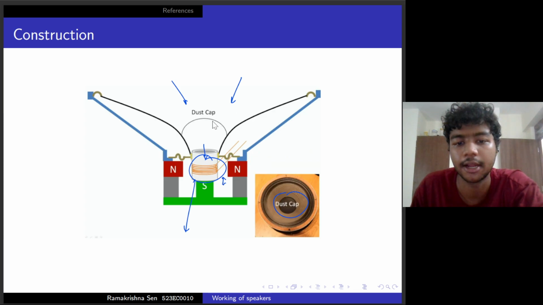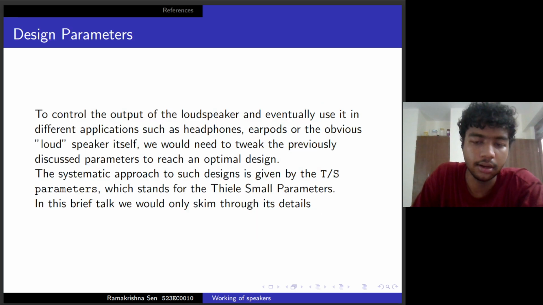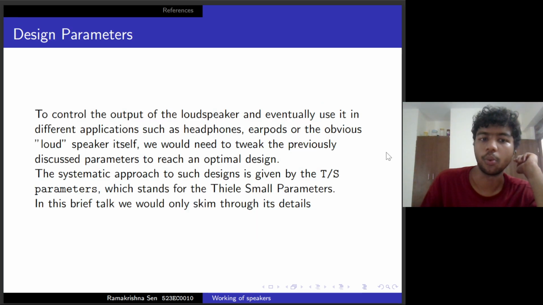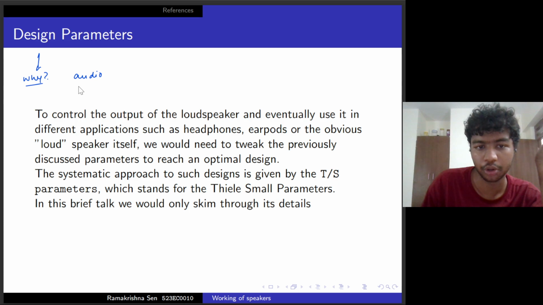You want to prevent that as much as possible, which is why there's a dust cap present. Since all of these are done, we can now move on to the design parameters. And why are the design parameters required is a very big question. They are required because our main goal is to control audio devices, right?